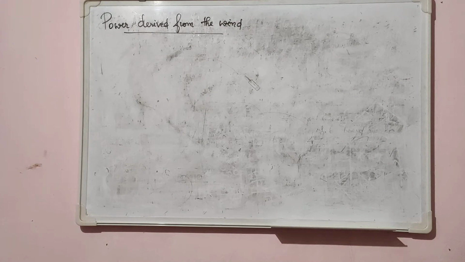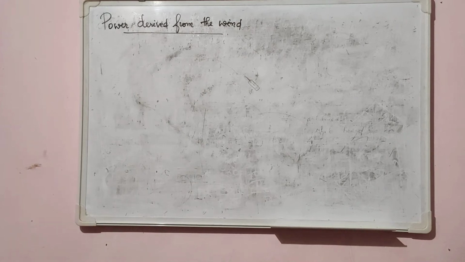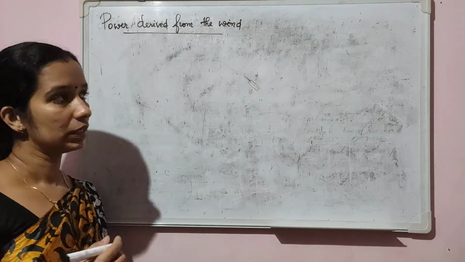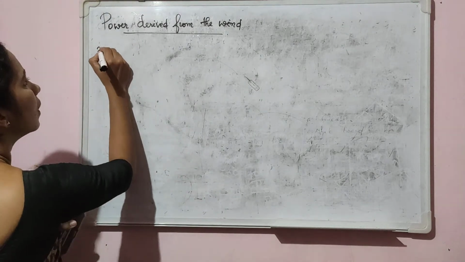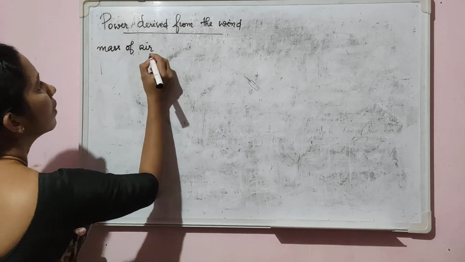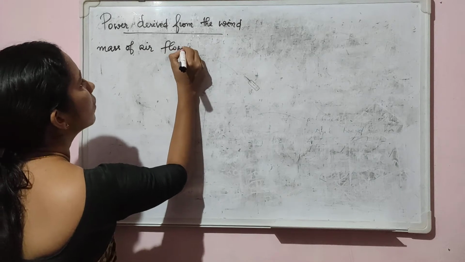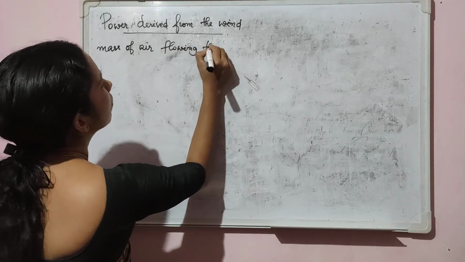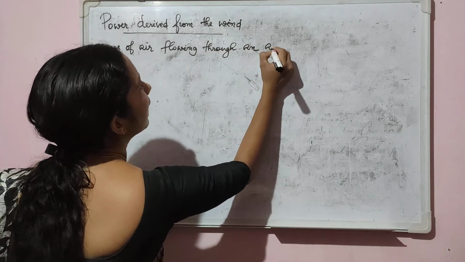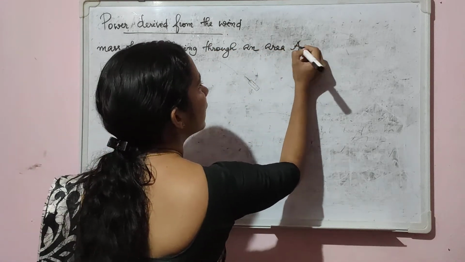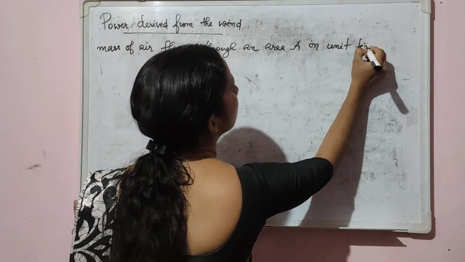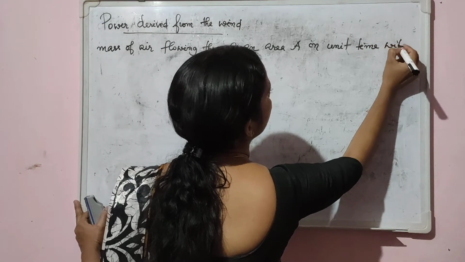So we can derive the expression for power output of a wind turbine using the concept of kinetics. So let us write. The mass of air flowing through an area A in unit time with velocity v.